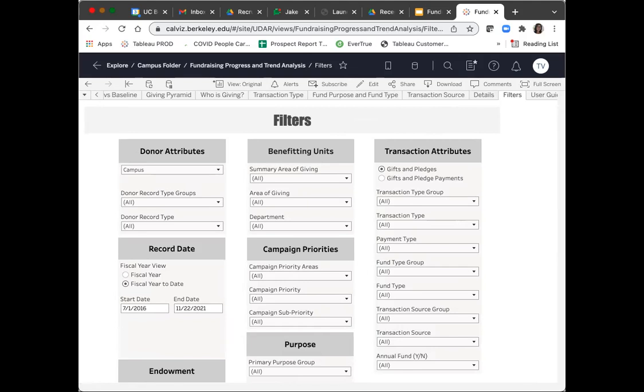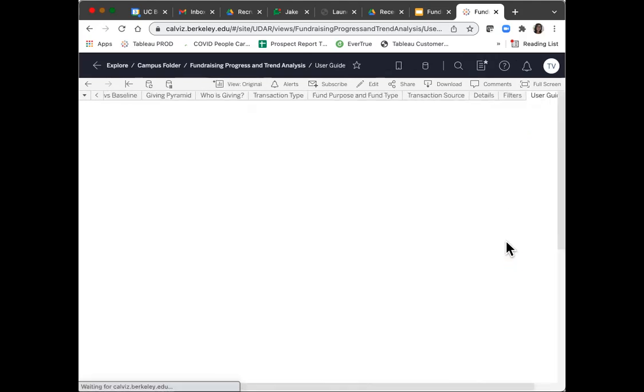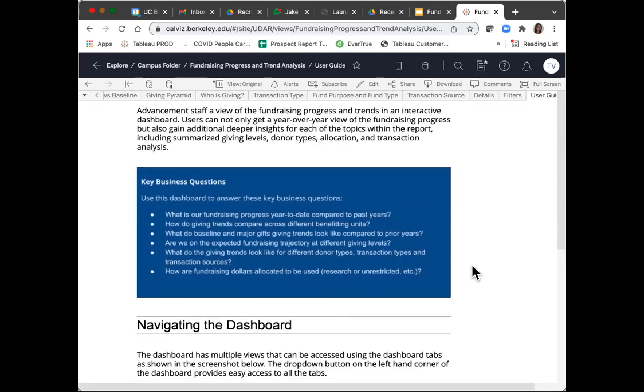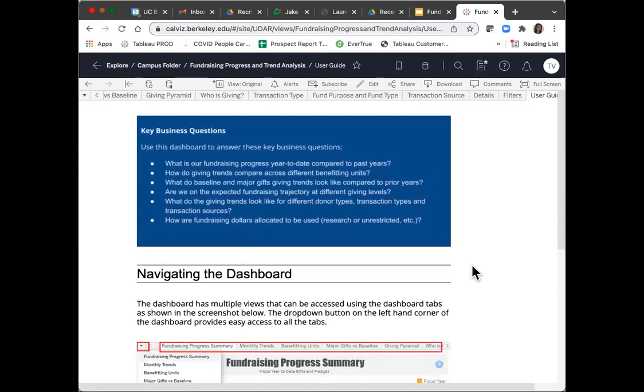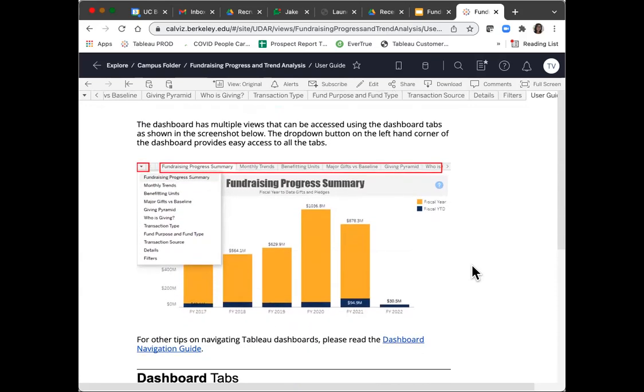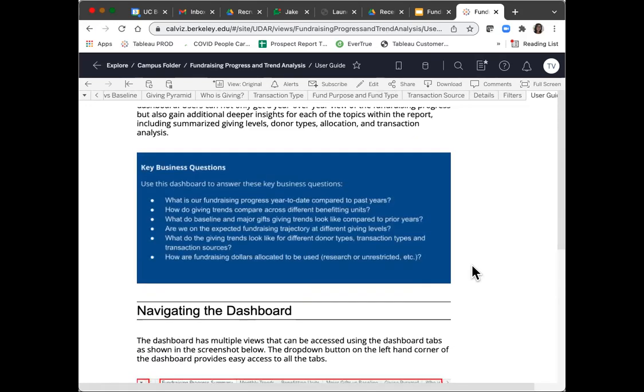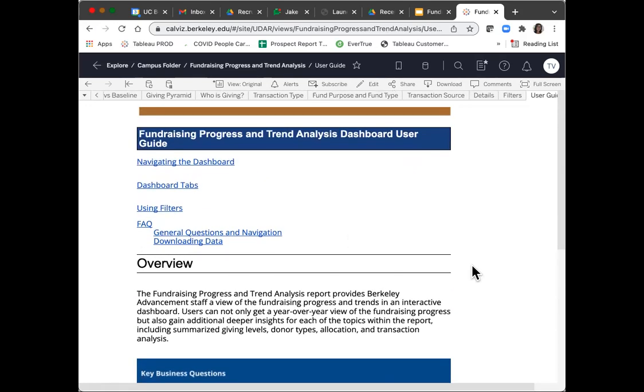And then one final thing. We are trying to do this with all of our dashboards, but we have a user guide. It's actually an embedded user guide that links to a Google Doc. So in the Google Doc, we share what this dashboard is supposed to do, some tips on navigating it, definitions and such. I'll have to be honest, we put a lot of work into this.